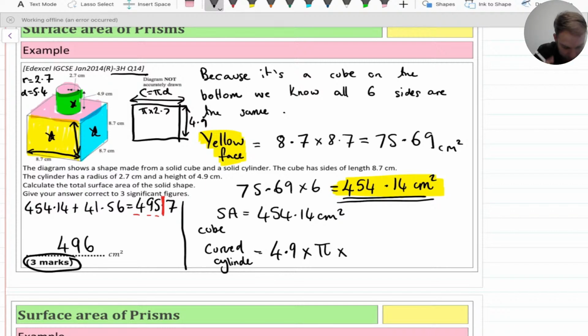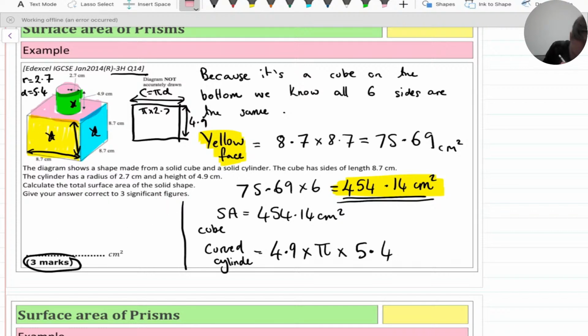So when I'm doing the curved cylinder part, it's going to be 4.9 times pi times 5.4. I'm going to have to change this ever so slightly. Let's get this back up. So this part here is wrong.